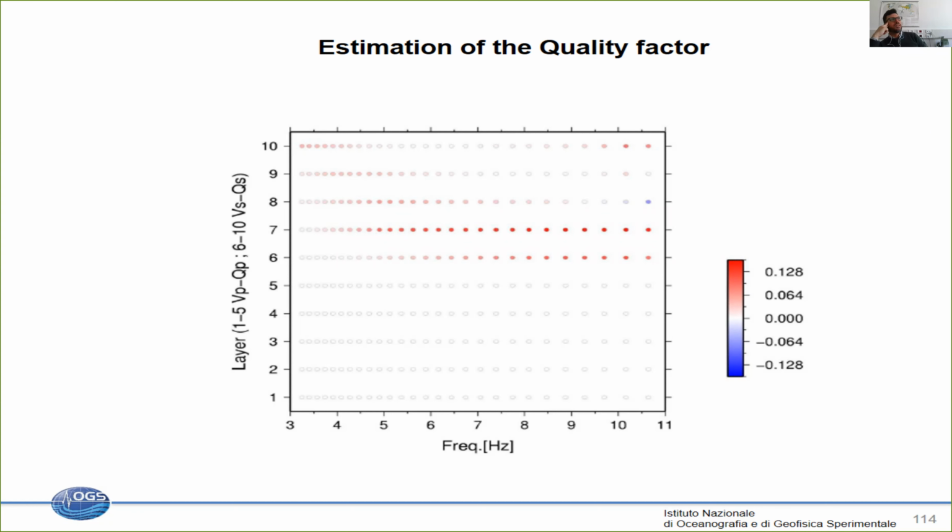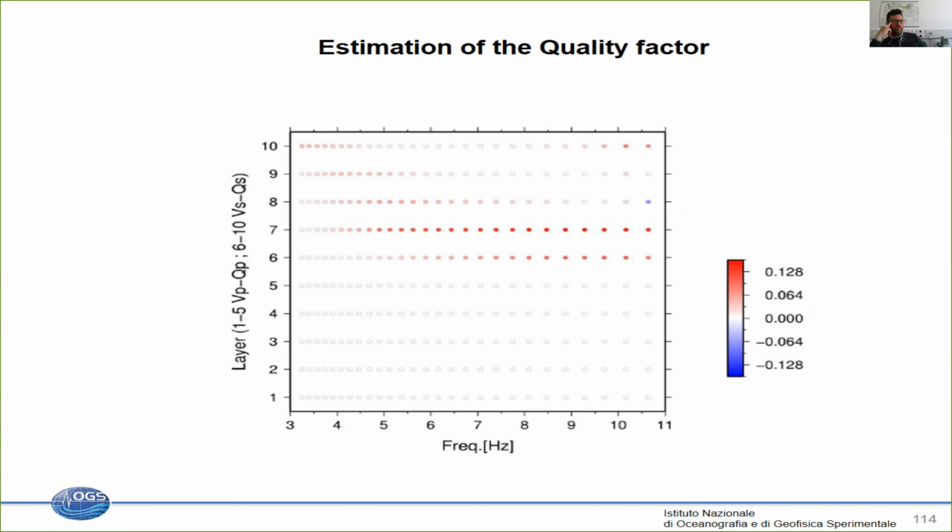In the sense that, reevaluating the quality factor especially for soft material, we observe that the generally made assumption that higher velocity corresponds also to higher quality factor, for soft sedimentary material, is not a must, let's say. It's not always like this.